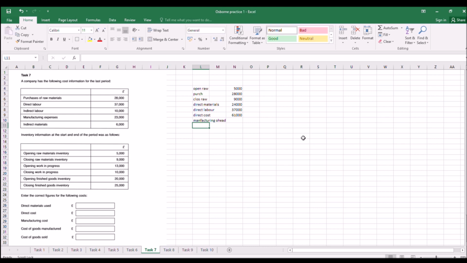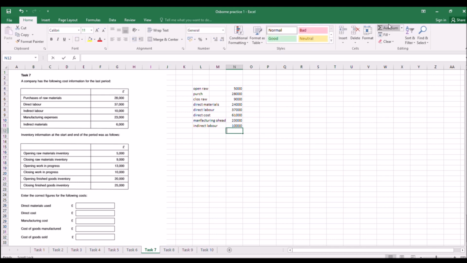We're just going to drop this one in new here. So we're going to go indirect labour, and we've got manufacturing expenses. It's quite nice that we've got a new one going in. But you didn't see indirect labour in the BPP one, so let's put manufacturing overheads and indirect labour in. So manufacturing at 25,000 and the indirect labour at 10,000.